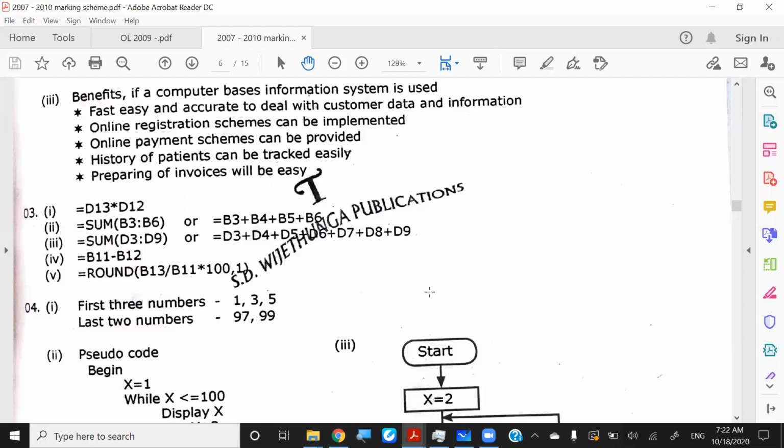So simply we can say equal B11 minus B12, right? And there is something I need to show you here, if you are asked to calculate the savings figure.